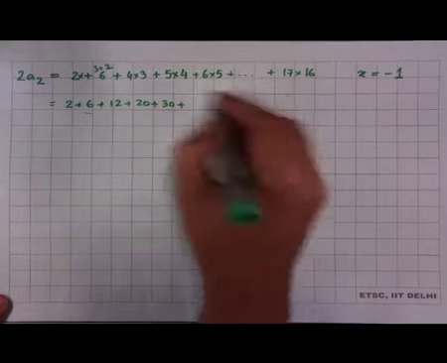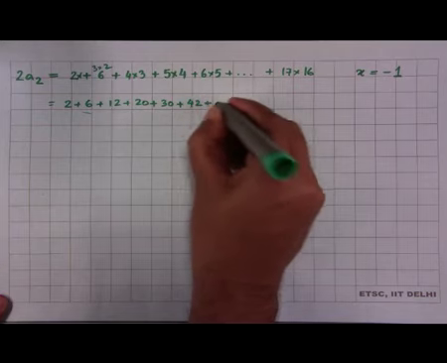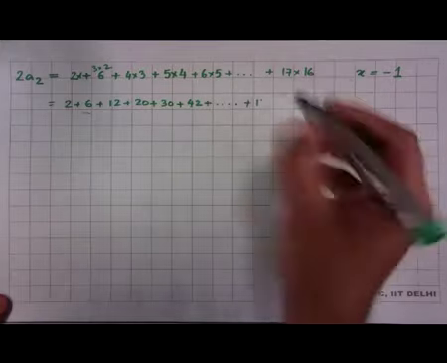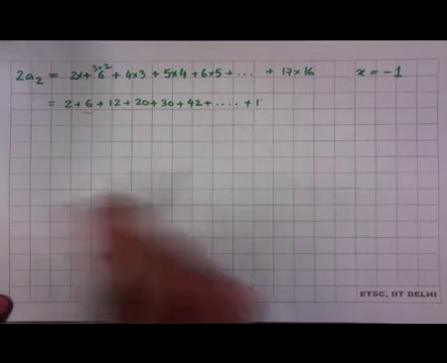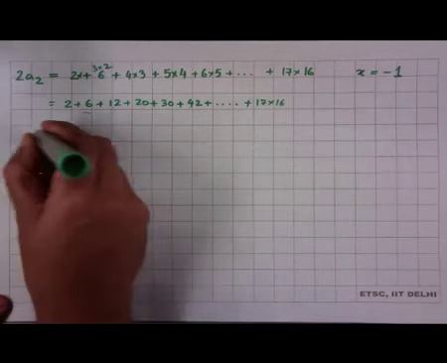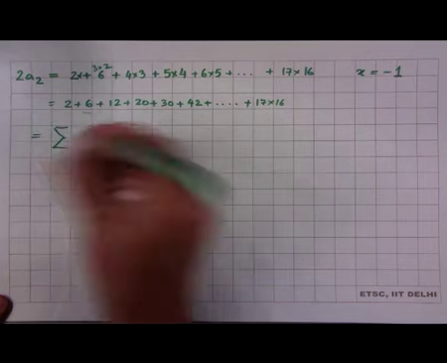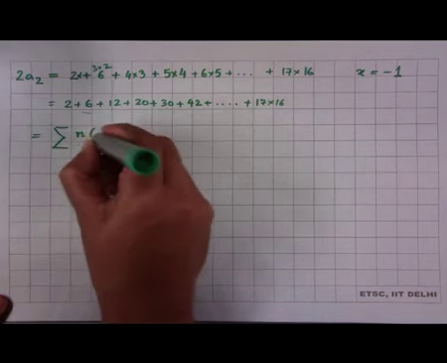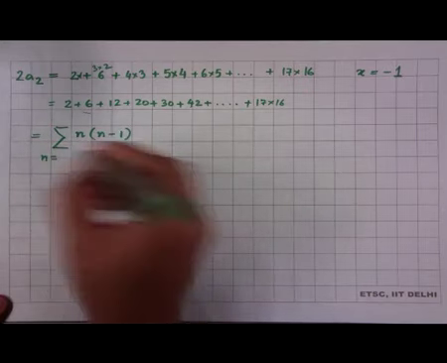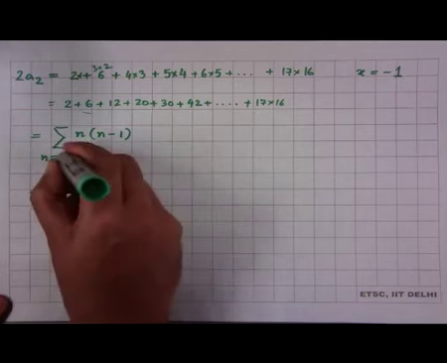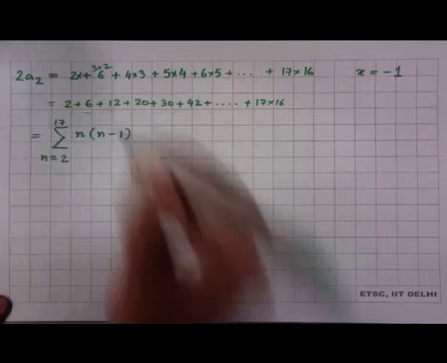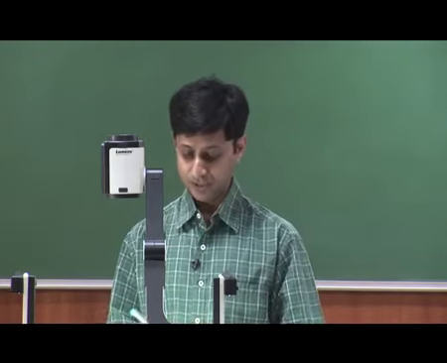Then the next one is 7 into 6, 42, and so on, all the way till 17 into 16. How do you do this?